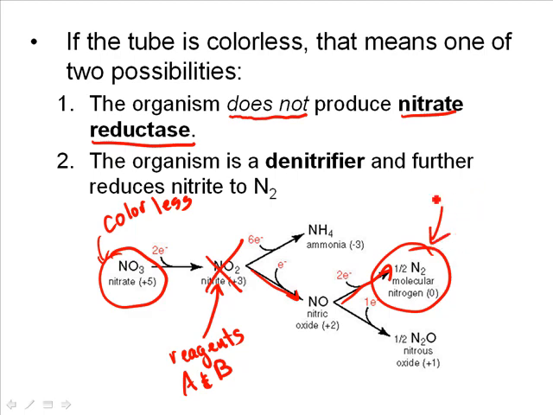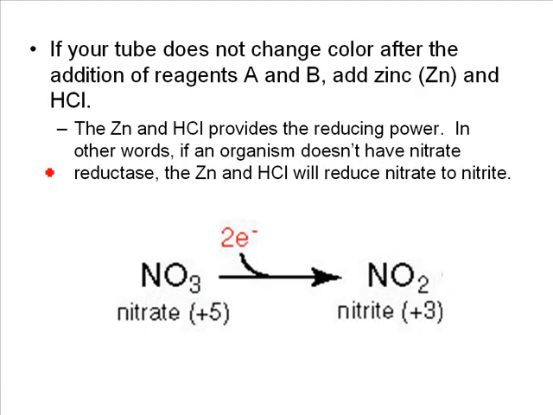So if N2 is present in my tube, the tube will also be colorless. So this is sort of where we reach the fork in the road. We add reagents A and B, and that tube remains colorless. It means one of two things. Either we're stuck right at the beginning of the process, or we've reduced it all the way to the end here to molecular nitrogen. So how are we going to differentiate between these two possibilities?